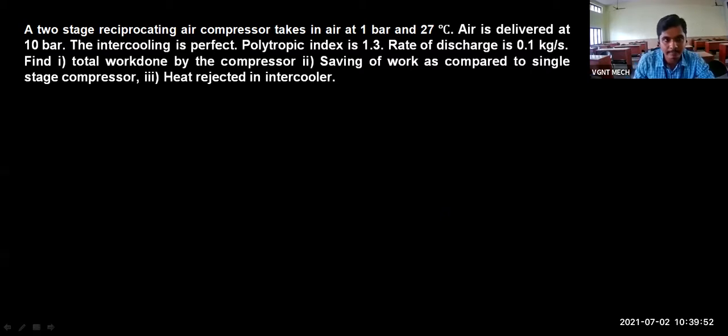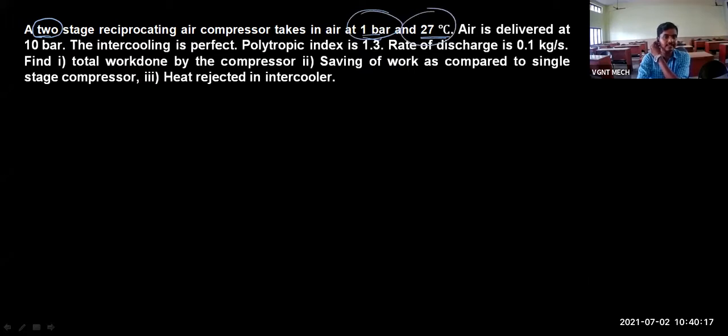Now the question is a two-stage reciprocating air compressor with intercooler. It is mentioned that it is a two-stage reciprocating air compressor, which takes in air at 1 bar and 27 degrees Celsius. You tell me what is this? What is 1 bar?